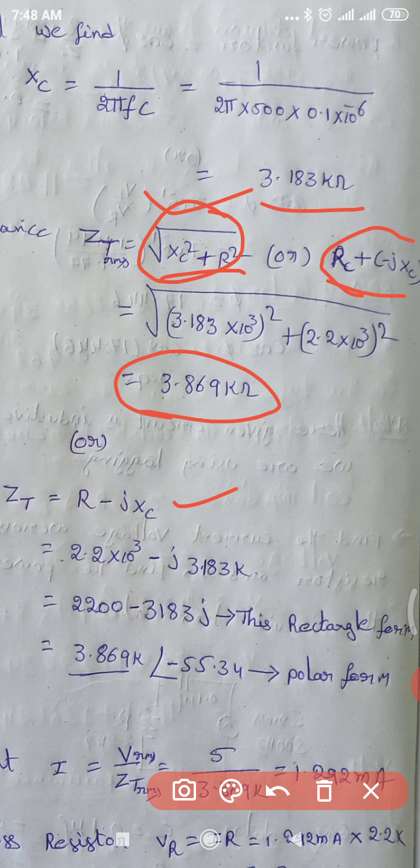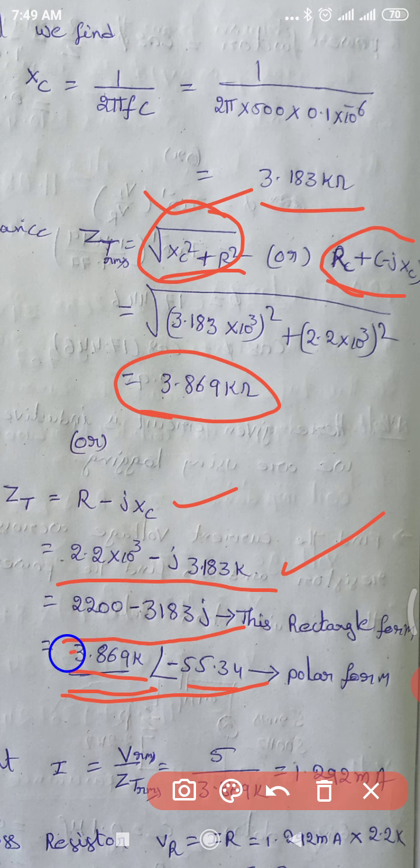Similarly, in another way, Z is equal to R minus j XC. This is the rectangular form. Substituting the values, we get 2.2 into 10 cube minus j 3.183 kilo. If we convert this rectangular form into polar form, we get 3.869 as the RMS value, along with the angle.